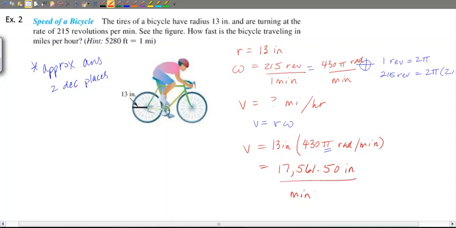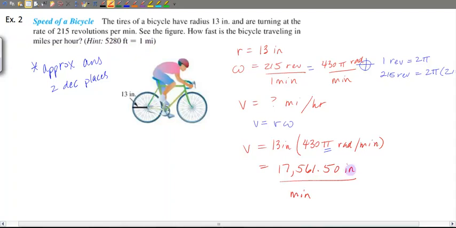Inches per minute. Now I wrote it like this because they asked me to find it in miles per hour. So we have to go back and we have to convert inches into miles and minutes into hours. That's not going to be that hard. It's actually a series of unit conversions that you probably remember from doing chemistry. We also have the conversion up here that they gave us, that there are 5,280 feet in 1 mile.